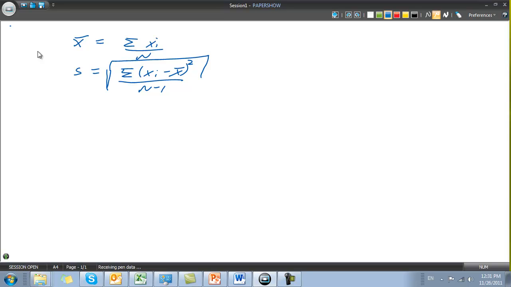Great. This is fine if we have raw data like we did for the distance traveled to school. But what if we have summary data? We can't quite use it in this format. In the summary data, we're given the frequency of a response and the response itself.